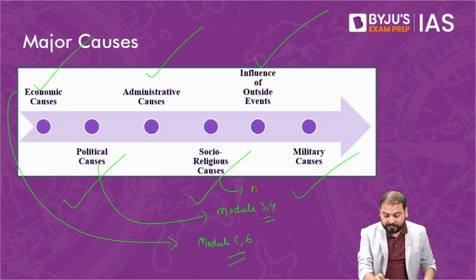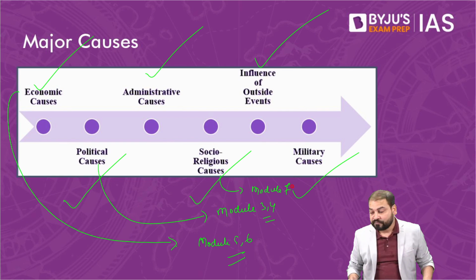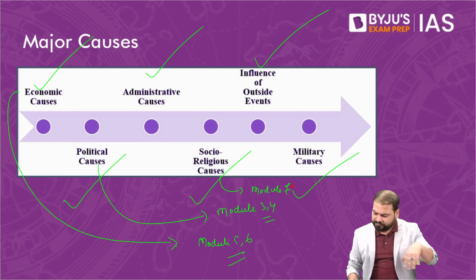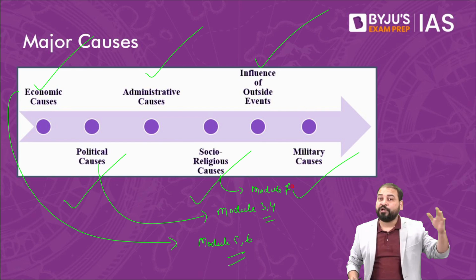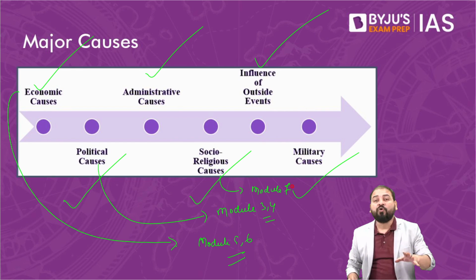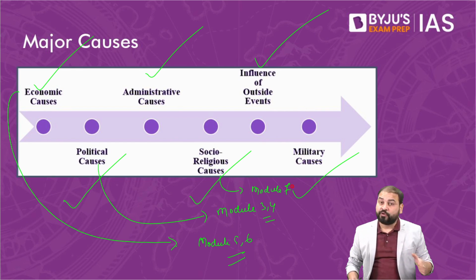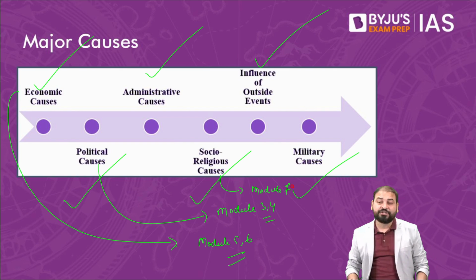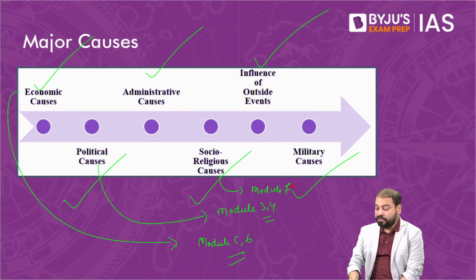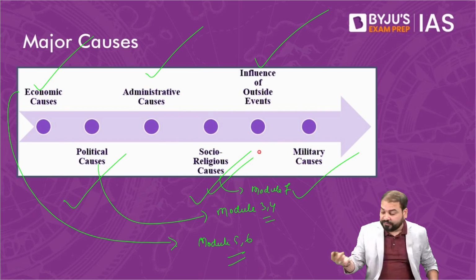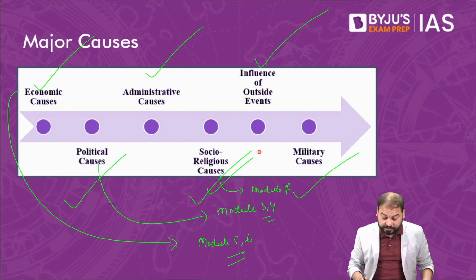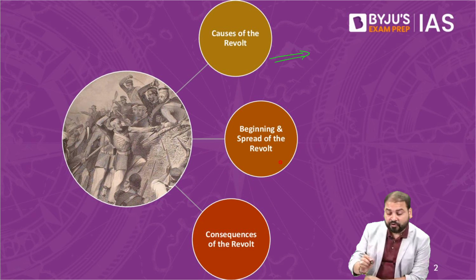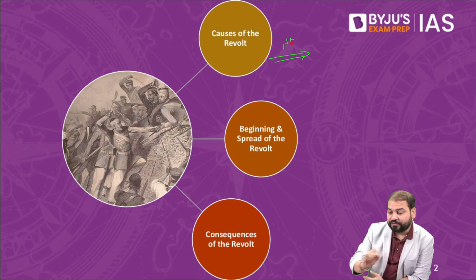Socio-religious causes you have studied in module number 7. Am I clear with this? Don't worry, we will study. I'm only trying to show you how the things get linked. Anybody who has attended the socio-religious reform movement chapter will find these causes easy. And I'll show you in some time. So this is the first part of the chapter, causes.